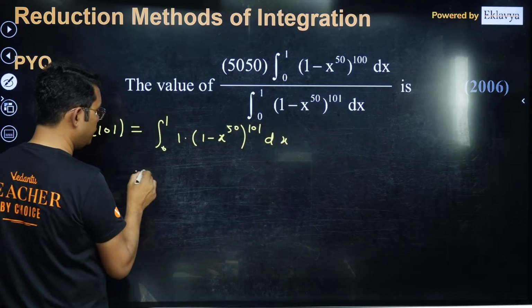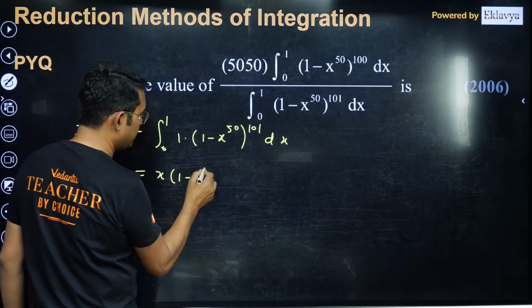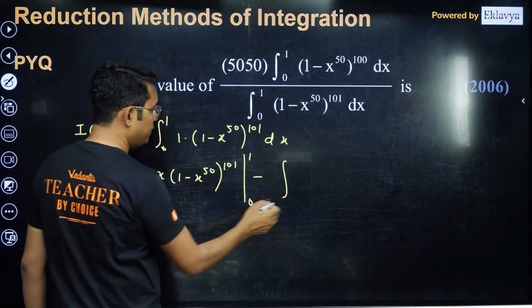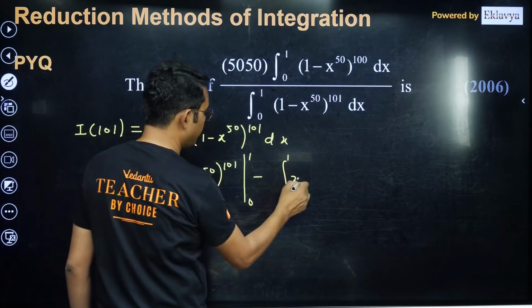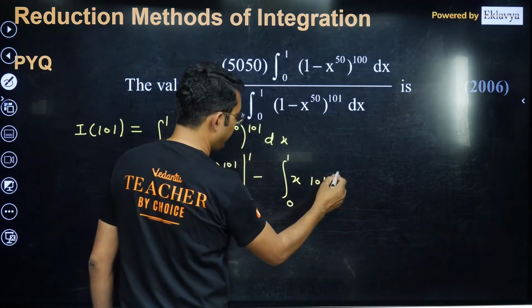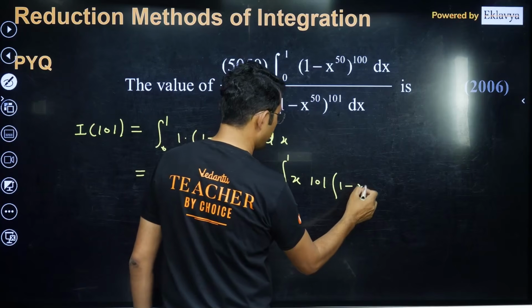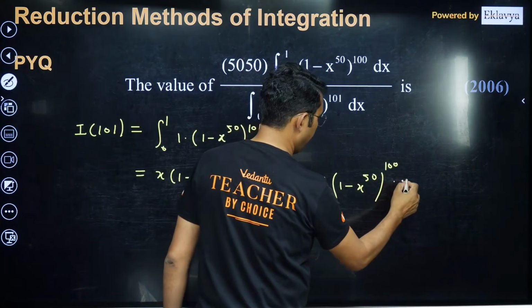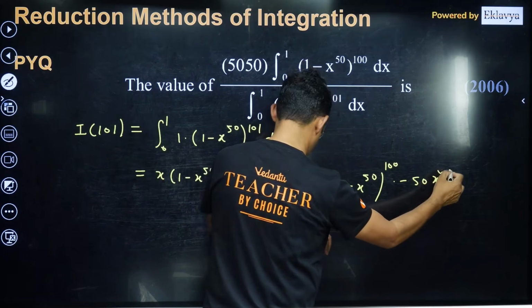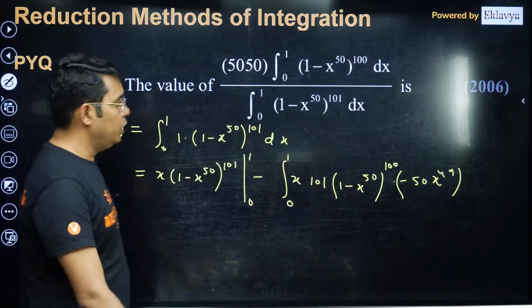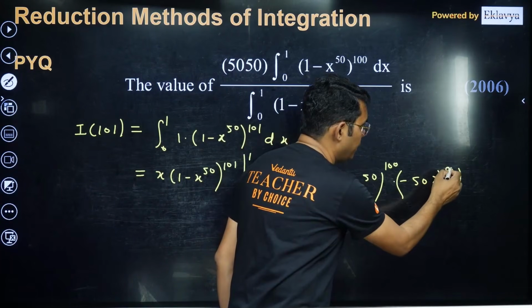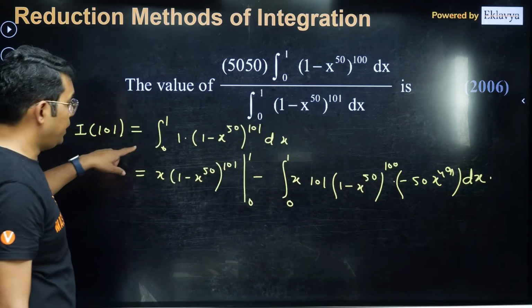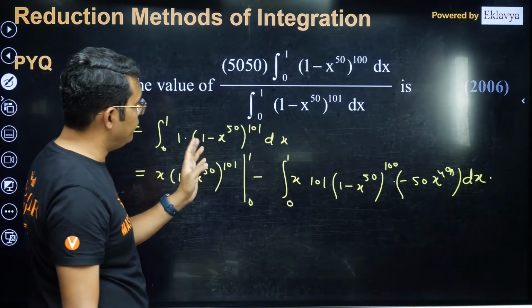So second function, first function, so x into 1 minus x raised to the power 50, 101, 0 to 1, minus, and then 0 to 1, integration of 1 is x, differentiation of this is 101, and 1 minus x raised to the power 50 power 100, and then minus 50 into x power 49. Okay, so this is what we are getting here. Let me see if all is correct or not. X 101 power 100 minus 50 x power 49 dx.